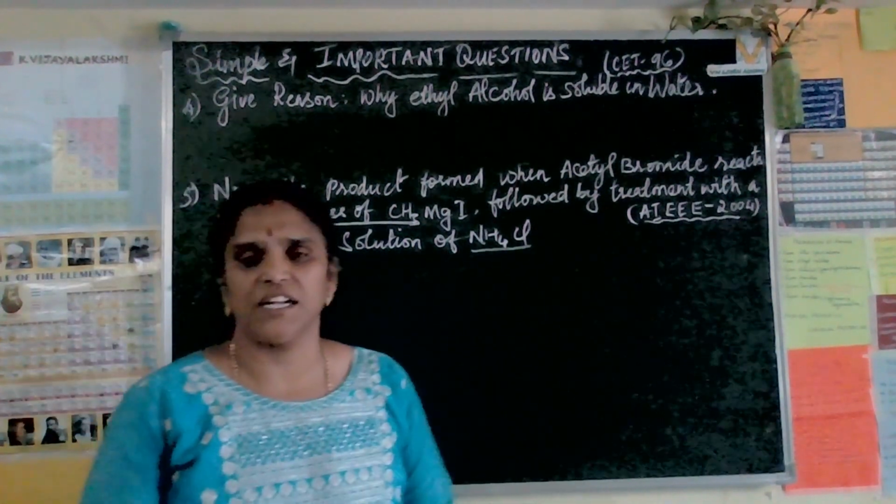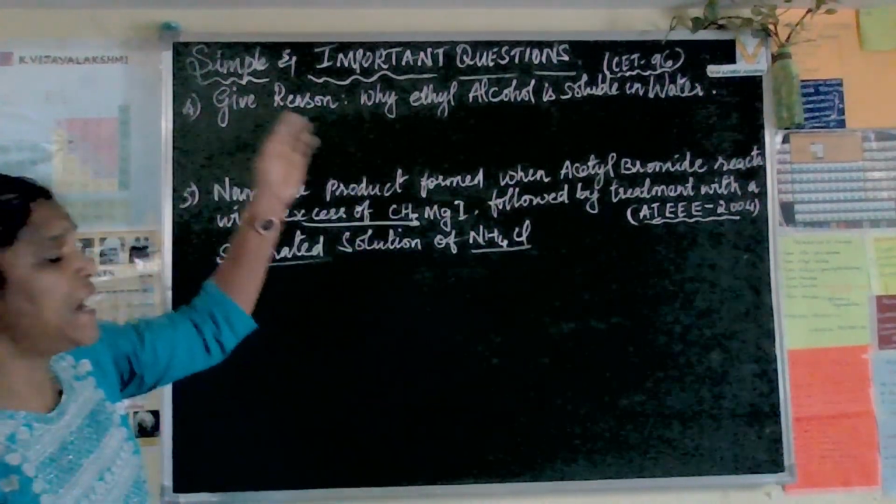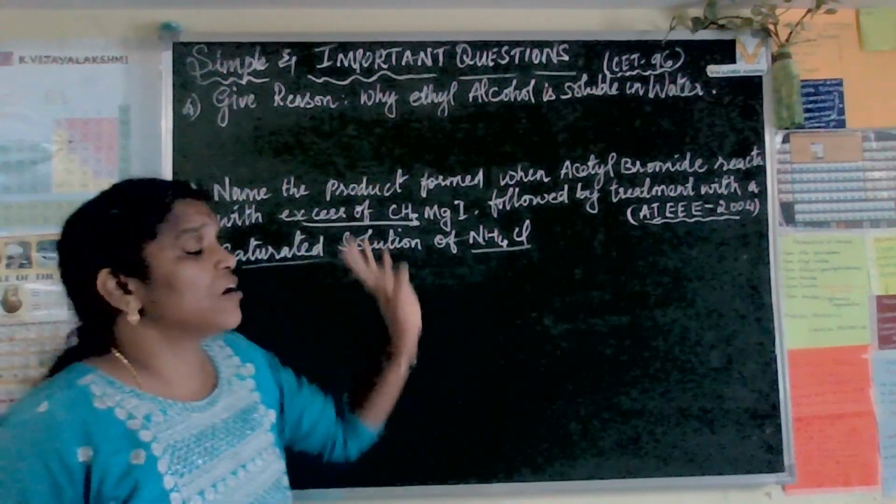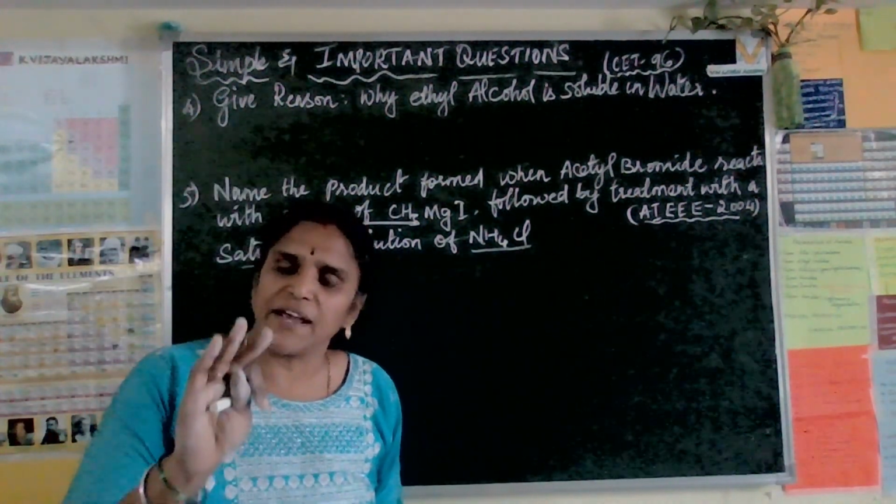The next question is very simple and the easiest one, and they repeatedly ask it. Give reason why ethyl alcohol is soluble in water. I would like to give three reasons.